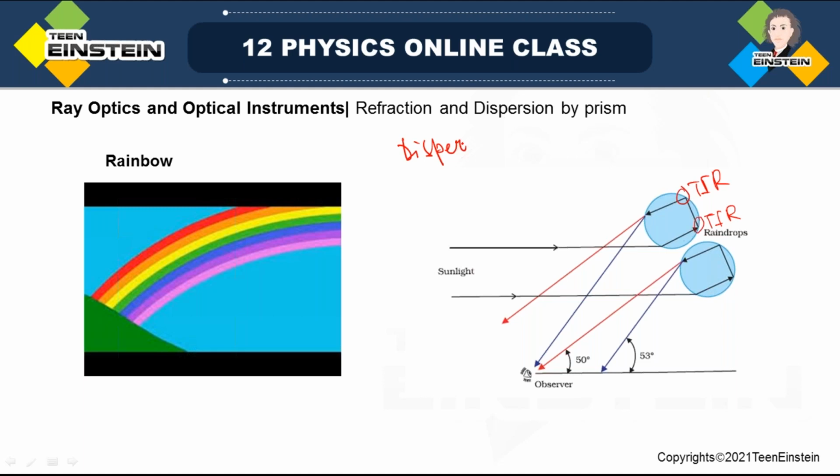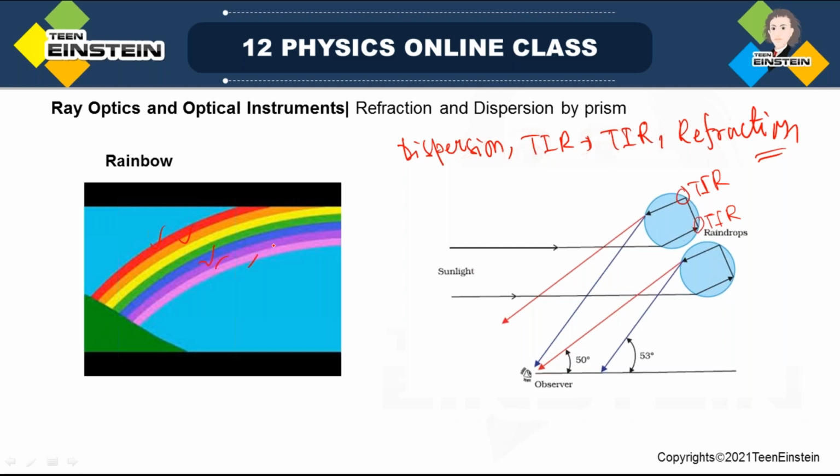So look, dispersion, then TIR, another TIR, and then finally refraction happens. So this is the sequence. And when these split lights come to our eyes, we see multiple colors like this, vivid here. So this is how the rainbow forms.